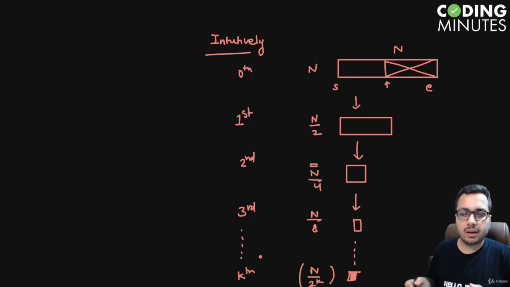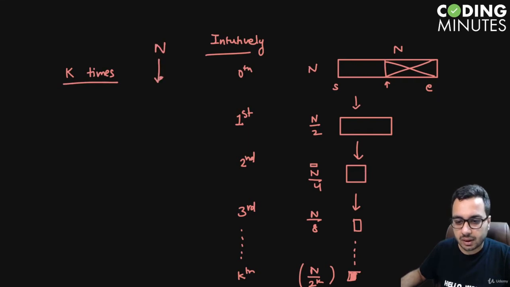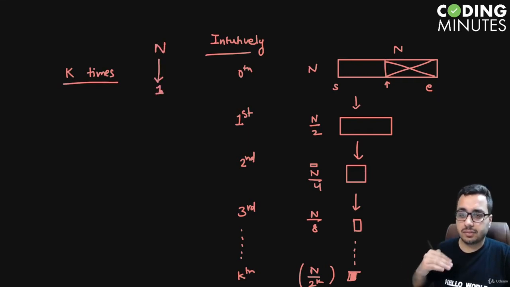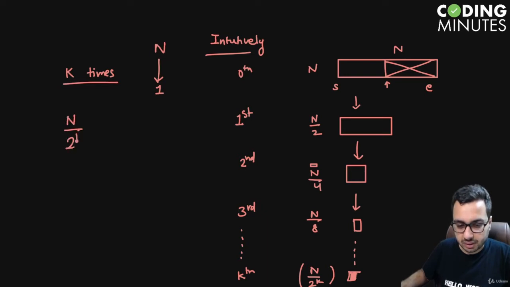I want to find out how many times the loop is going to run. Effectively the loop is going to run k times. So in k steps I take something from n down to 1 by dividing it by a factor of 2. So n divided by 2 raised to the power k should be equal to 1, because in the end we are only left with one element.